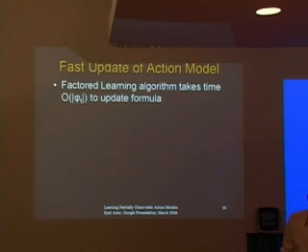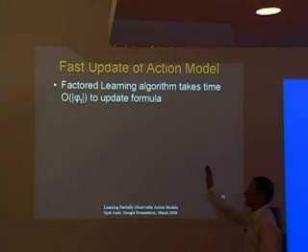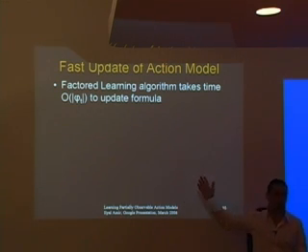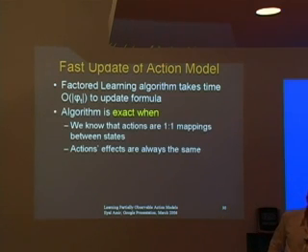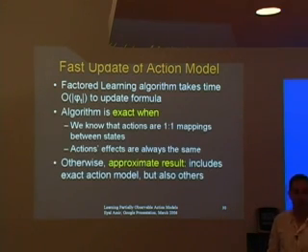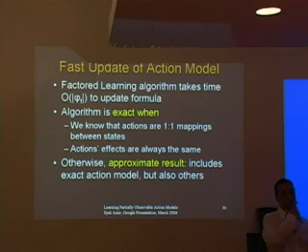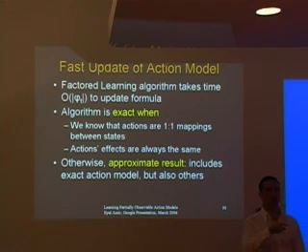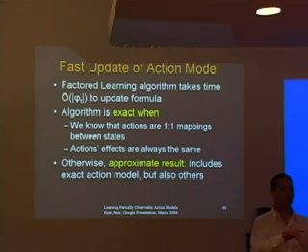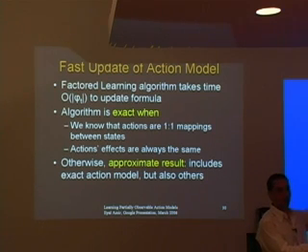Okay, so here's a couple of interesting things about this algorithm. This algorithm takes time that is linear in the representation size that we have. It is exact when the actions map states one-to-one. So for example, if I press a button that transfers money from my bank account into my PayPal account, then if I transfer $50, whatever my account was before the action, it will now be $50 less.